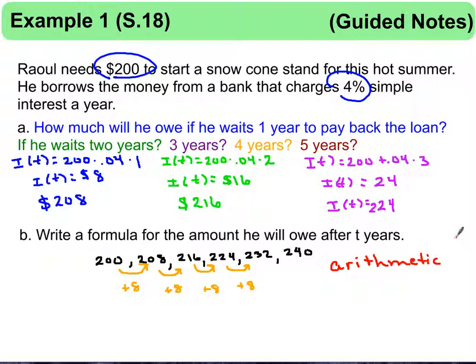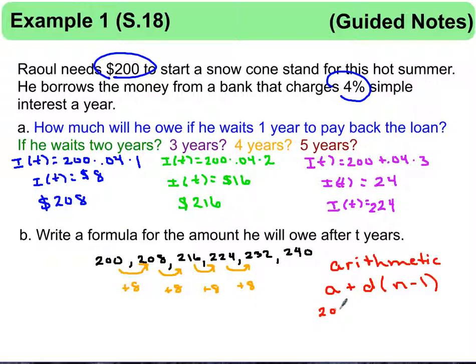But if I know that, then I also know that the term I'm trying to write is going to be the first term a plus my common difference d times n minus 1, the given term that I'm looking for. So my first term was $200.